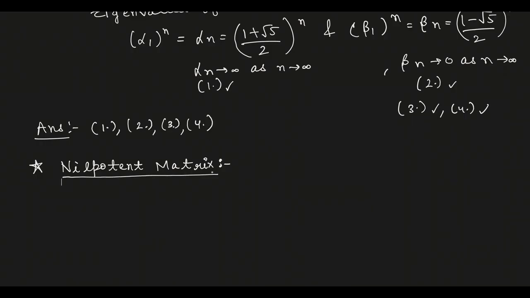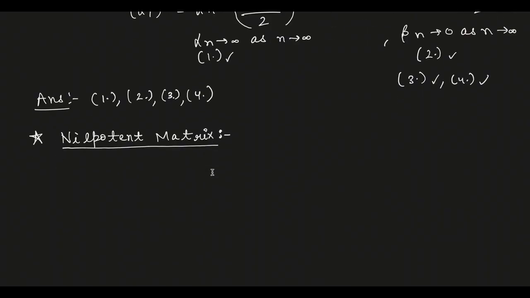Yes, A to the power k becomes 0. It becomes 0 for some power of the matrix, where k can be the index.